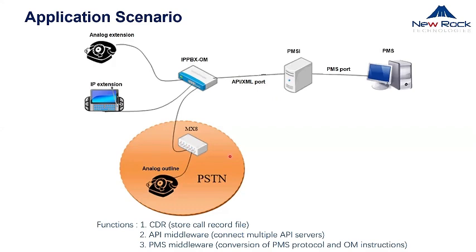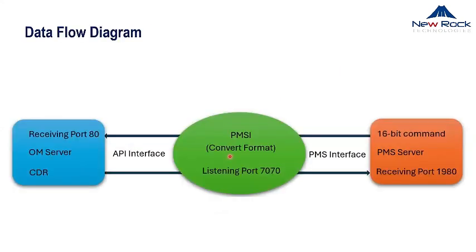Allow me to show you the data diagram. According to the data flow here, our PMSI is divided into two parts. One acts as a server of the PMS system and a client to the OM IP-PBX. As you can see here, it can receive messages from the PMS, the property management system, convert them to the OM API, and send them to the OM IP-PBX.